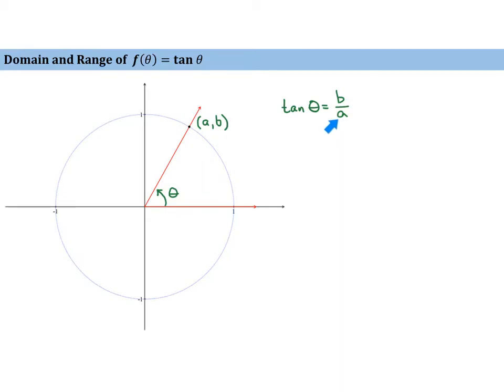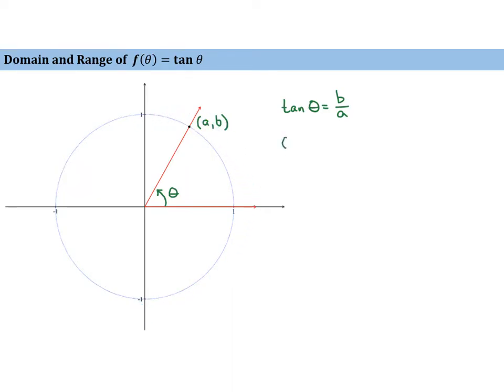So what would yield A to be 0 for theta? If theta is pi over 2, then A would be 0. Likewise, 3 pi over 2, and back and forth. This relates to the period of our tangent function. Every pi units we have an issue with the tangent function.